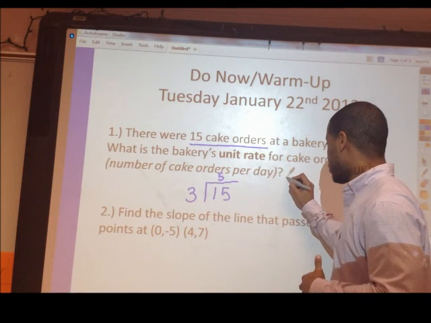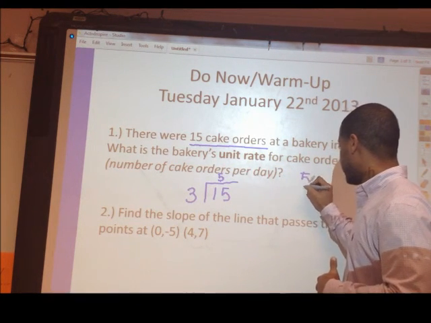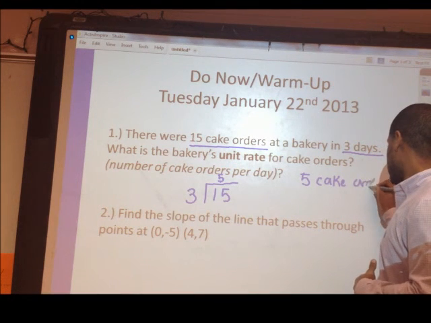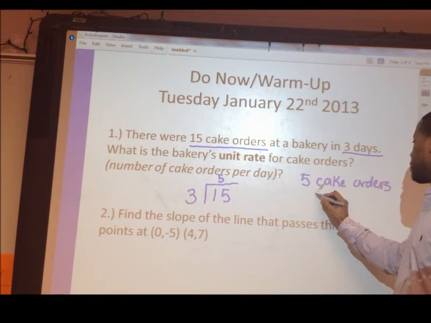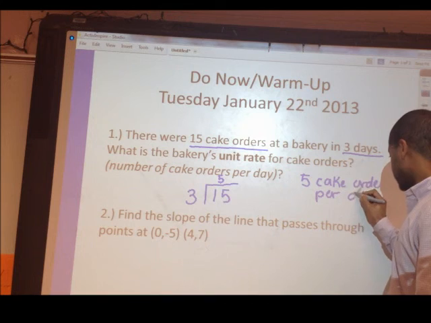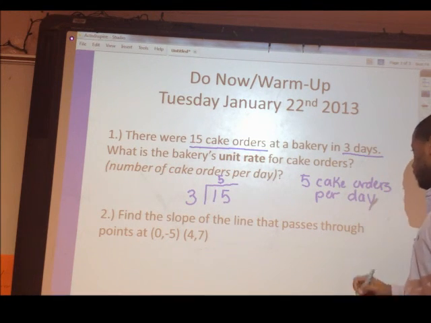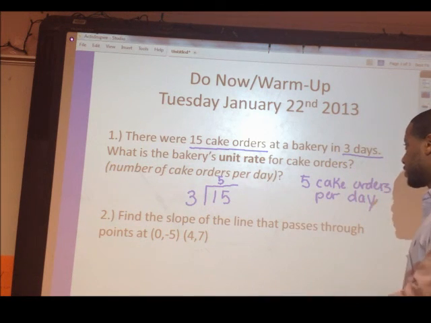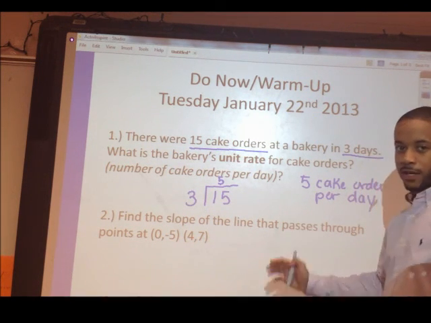Or 5 cake orders per day. We always want to get it down to per 1 unit. In this case, it's per day: 5 cakes per day.